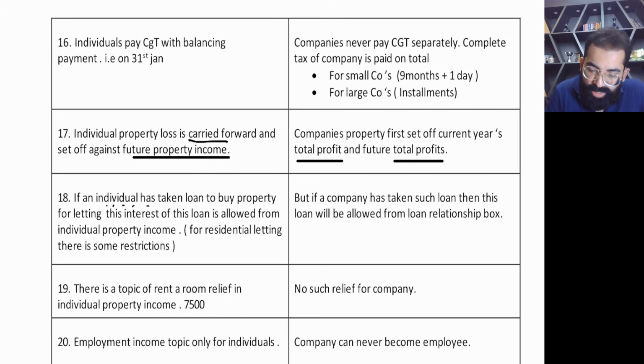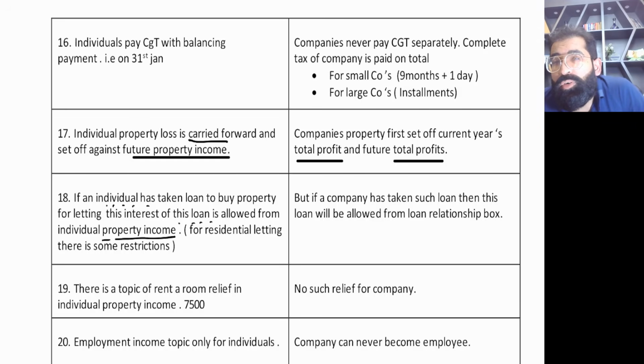Then, if an individual has taken a loan to buy property for letting, the interest on the loan is allowed from individual property income. Yes, it is an allowed expense, but there was an exception. If that is a residential property, then it's not directly allowed from individual property income, but in the end you get tax relief at the basic rate of 20%.